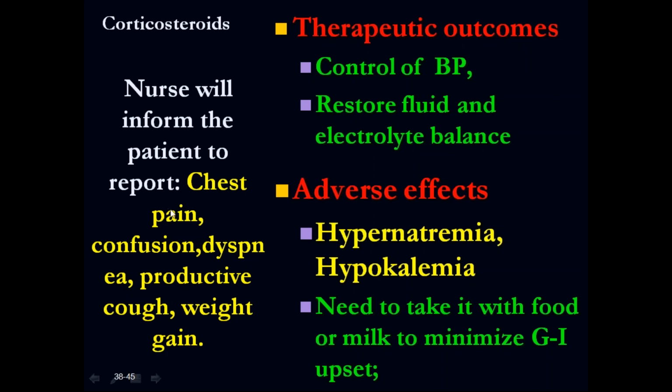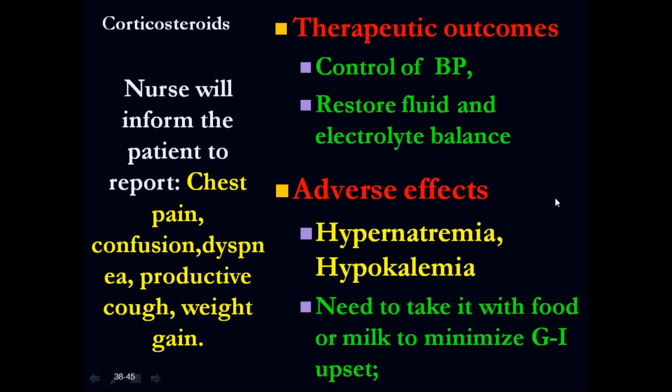some side effects that we need to remember: chest pain, confusion, dyspnea, productive cough, weight gain, and that is caused by aldosterone. What does aldosterone do? It reabsorbs sodium, so more fluid, edemas. Adverse effects: we have hypernatremia and hypokalemia.